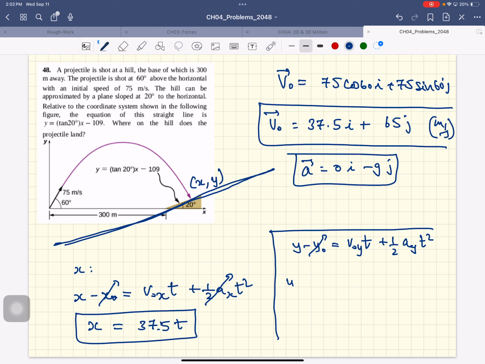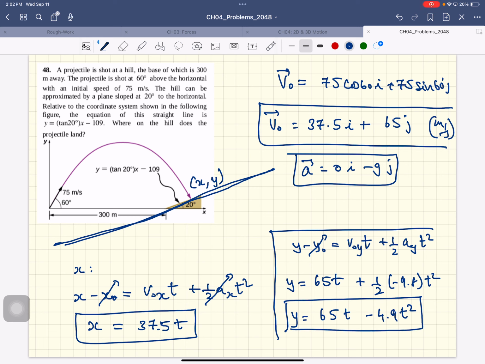So y is v naught y, which is 65 t, plus 1/2 times negative 9.8 t squared. We want this, and we don't know t.